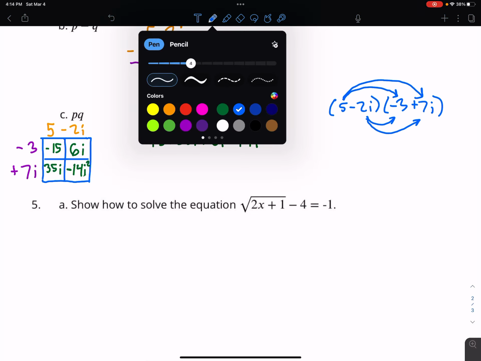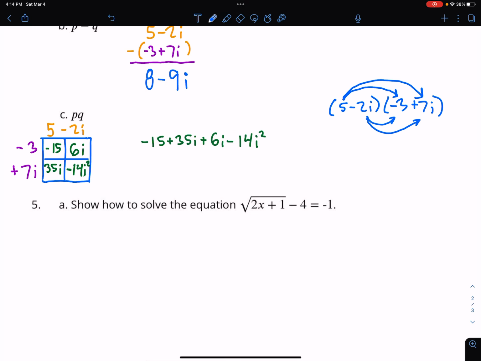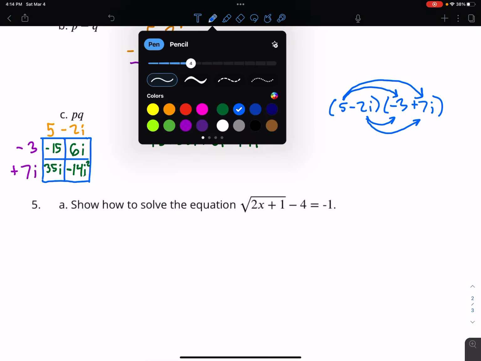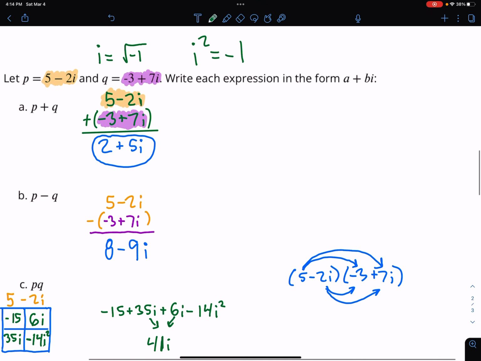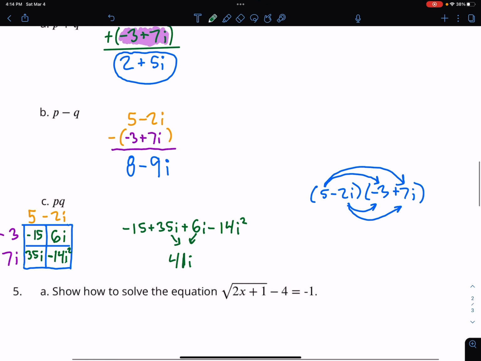Now, let's start combining like terms. We've got to clean this up a little bit. It's a little messy. I can combine the 35i plus 6i. I'm going to get 41i right here. The 41i came from when I combined these two like terms right here. And what else we got here? We know that i squared, up here we said, hey, i squared is negative 1.